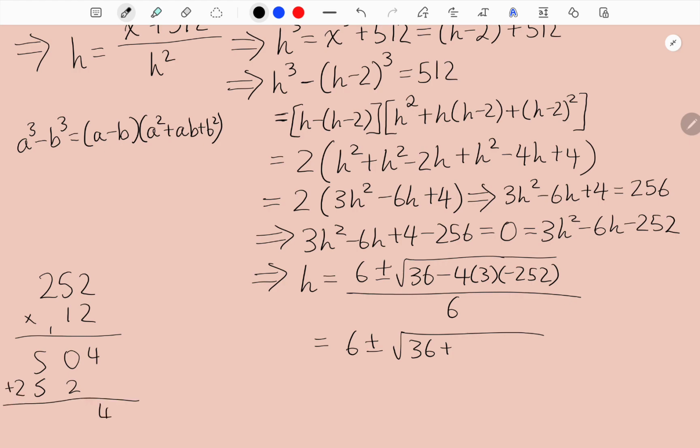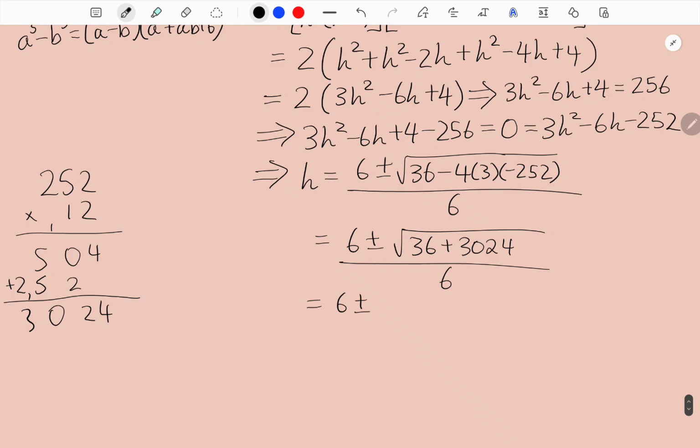Add them up. 4, 2, this is 0, this is 3. Is this right? Yes, this is good. So we have 36 plus 3024, all over 6.